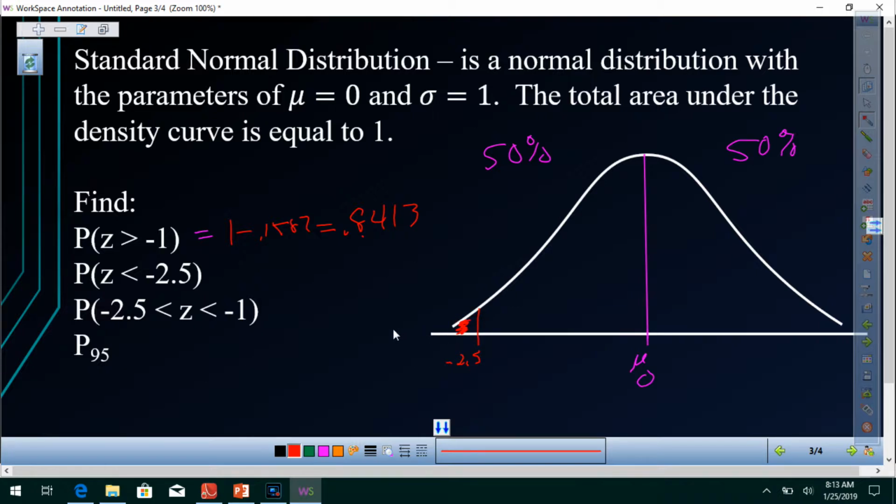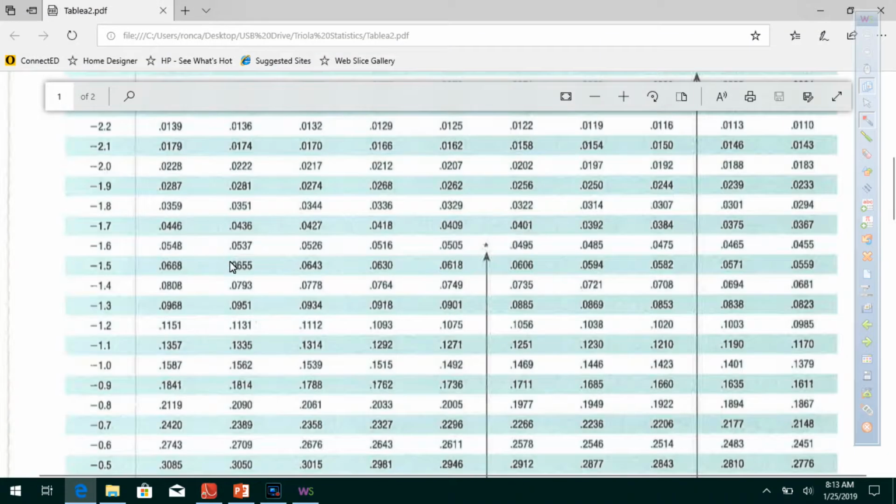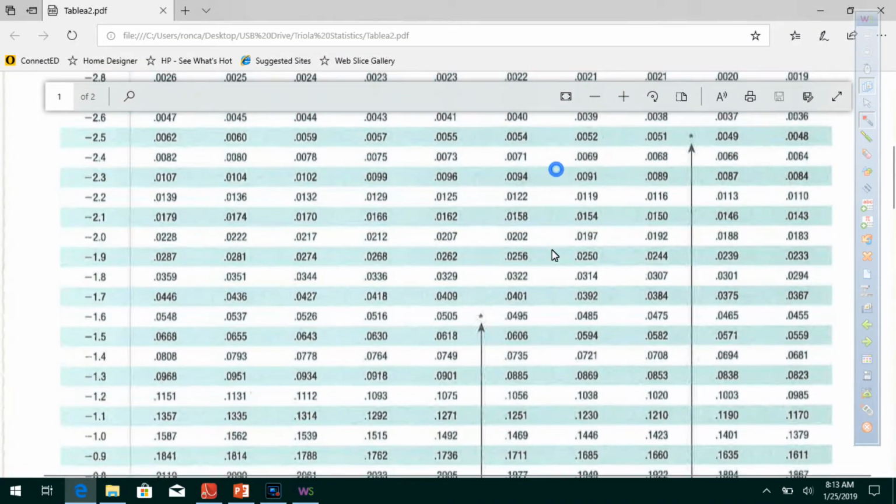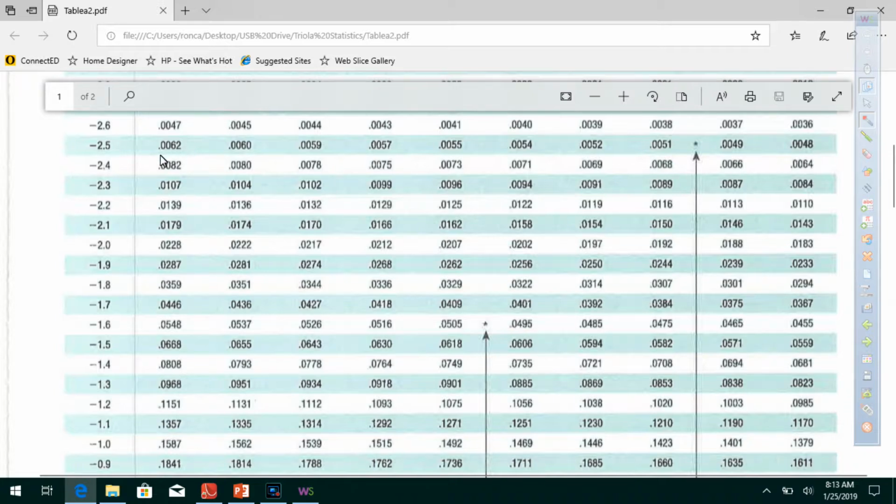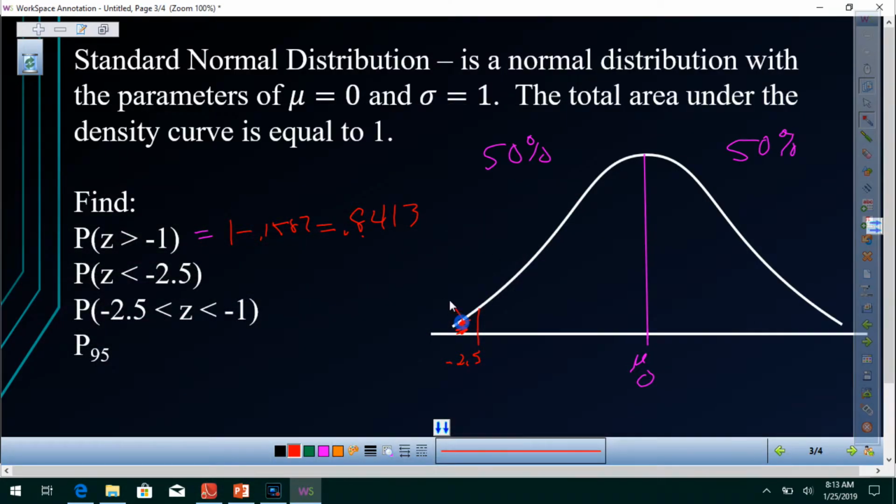Let's go to negative 2.5, and that's going to be right there, 0.0062. So this area here is 0.0062. There's our answer.